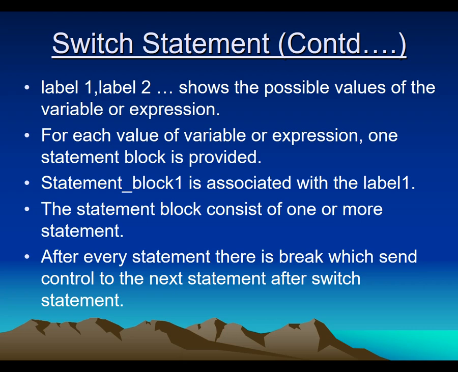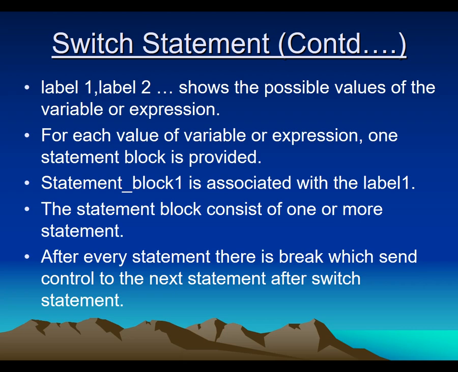That means whatever expression is passed into the switch statement, a separate block of code is written inside the case, which is executed when the expression or variable is satisfied. Third is the statement block. Whatever expression is passed into the switch statement, the case associated with that expression will execute a particular statement.